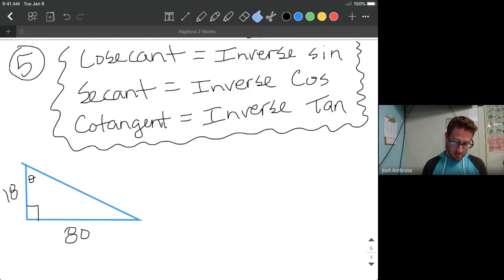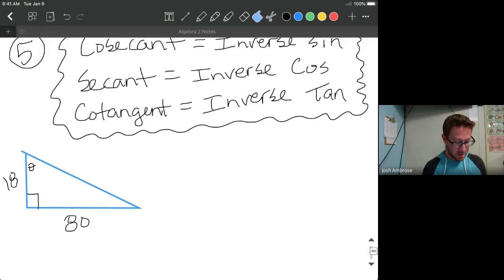All right, so let's remember that little note there, because now what example 5 tells us to do is solve for all 6. So start by solving for the sine, the cosine, and the tangent. Just like we did in example 1, you're then going to have 3 fractions. Flip each of those fractions, and then that'll give you your cosecant, your secant, and your cotangent. Okay, so let's go ahead and get those real quick here.